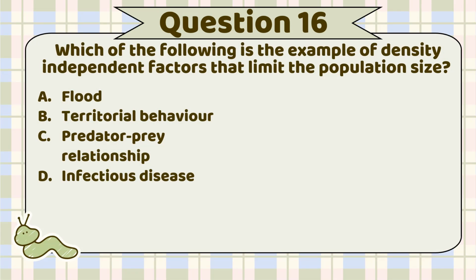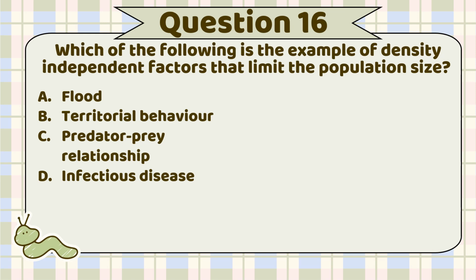Question 16. Which of the following is the example of density-independent factors that limit the population size? Density-independent factors are things in nature that can affect a group of living things, like a population of animals or plants, regardless of their population size. It's kind of like saying these factors don't really care if the group is big or small.